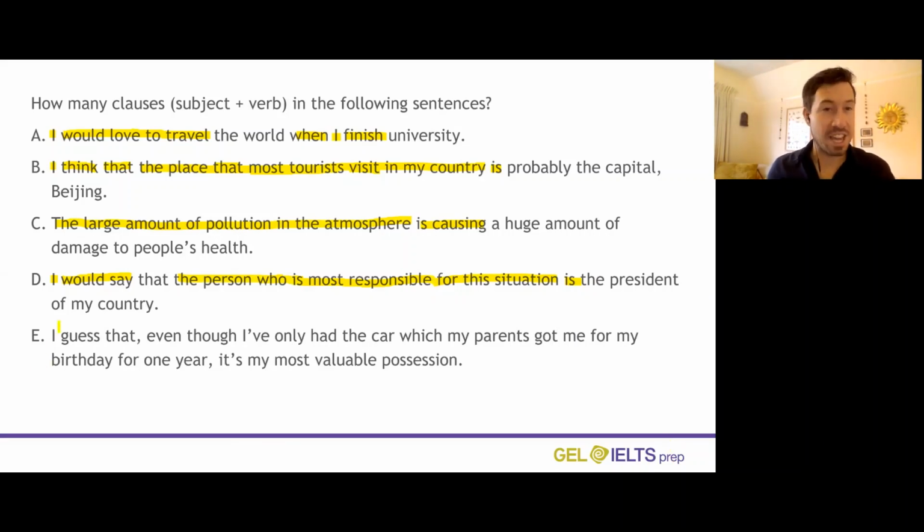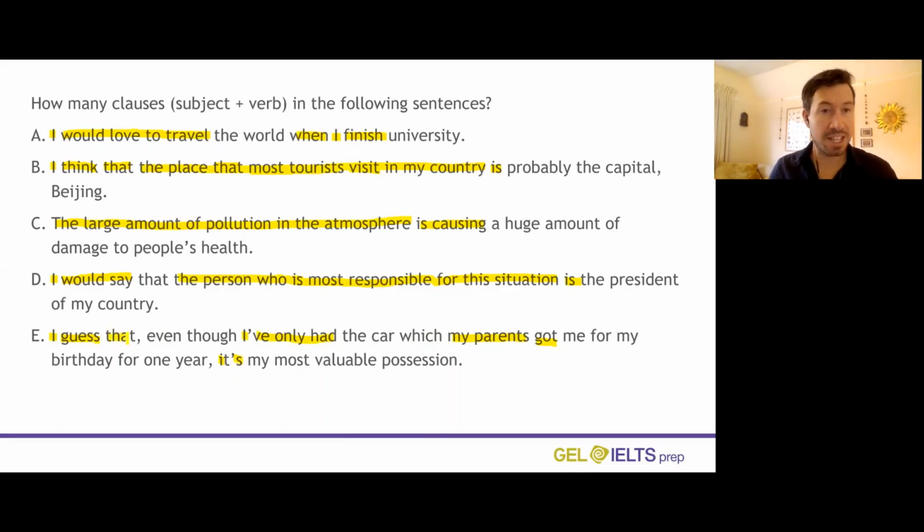Now let's look at E. Well, we've got "I" as subject, "guess" is the verb. We've got "I" as another subject, "have only had" is the verb there. That's 2 clauses. Then we've got "my parents" is a subject and "got" is a verb. And then we've got "it" is a subject and "is" is a verb. So we've got 4 subjects, 4 verbs. So we've got 4 clauses and we've got 3 linking words.